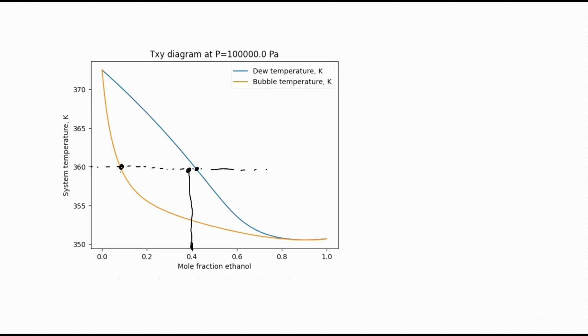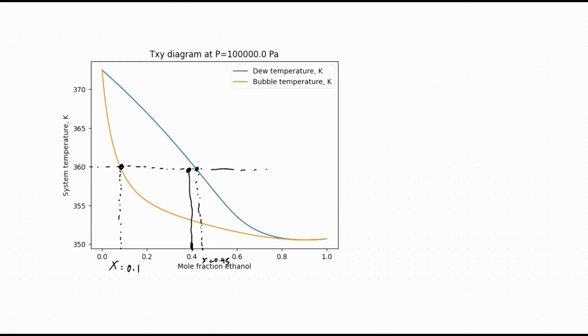We can find the compositions of the liquid and vapor simply by reading off of the graph. This one, x ethanol, is around 0.1, so the liquid is about 10% ethanol, whereas the vapor is about 45% ethanol.